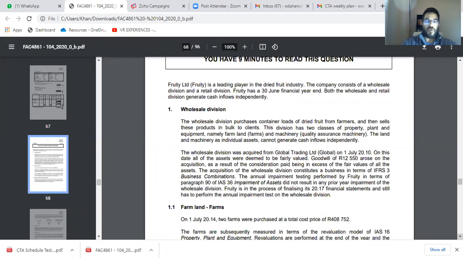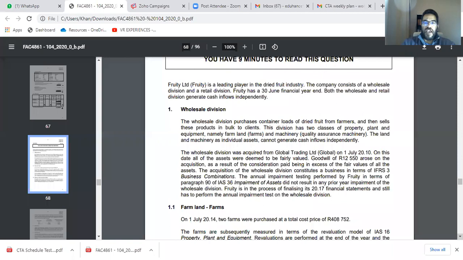Now let's read wholesale. They say the wholesale division purchases container loads of dried fruit from farmers and then sells these products in bulk to clients. So they have containers of dried fruit and then they sell these products to clients.